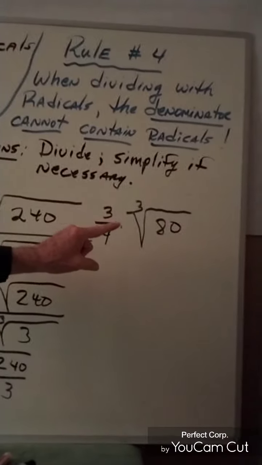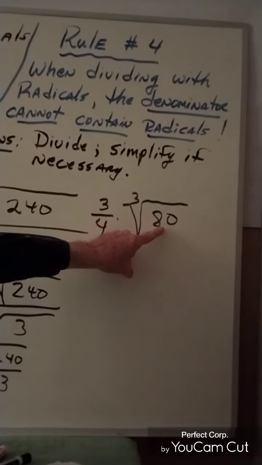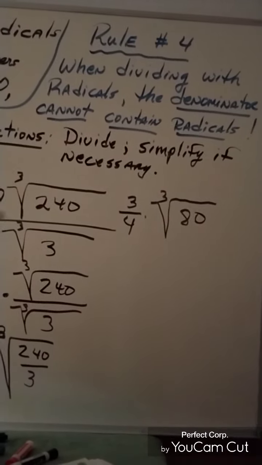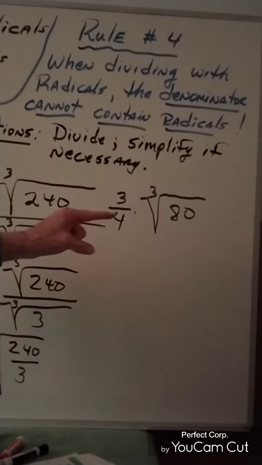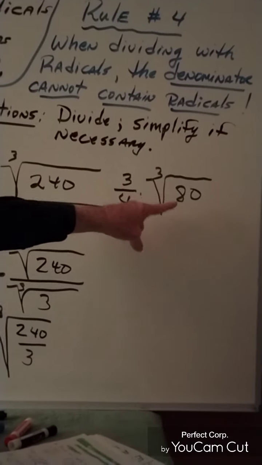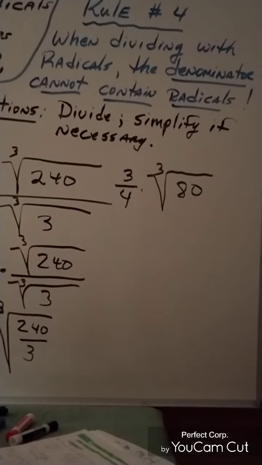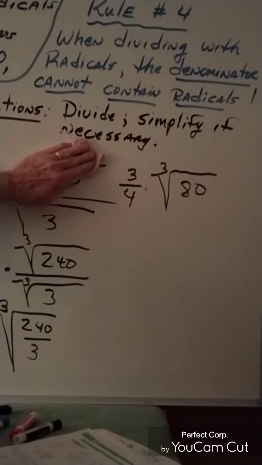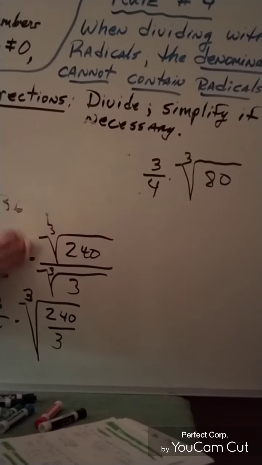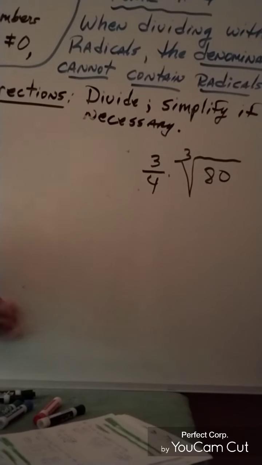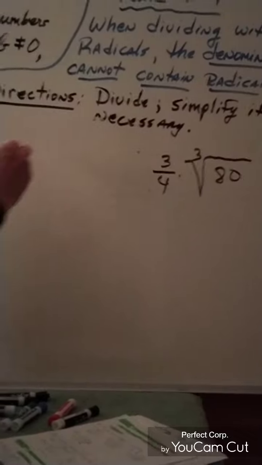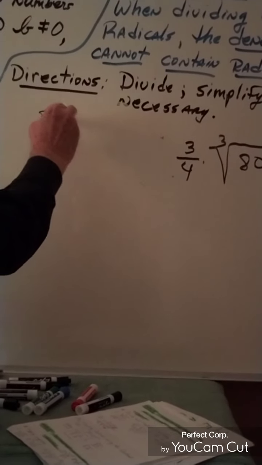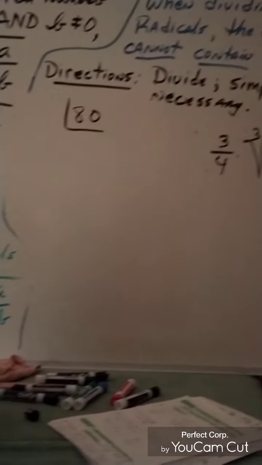And now we have to see if 80, that radicand, can be simplified, and if we are able to get a perfect cube factor out of 80. So let me just kind of erase this little part right here so we can clearly show that upside down division for 80. And then we'll see if we have enough.